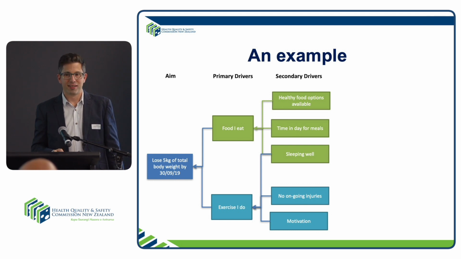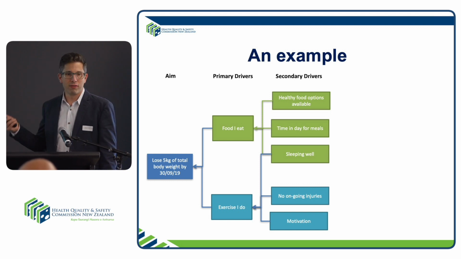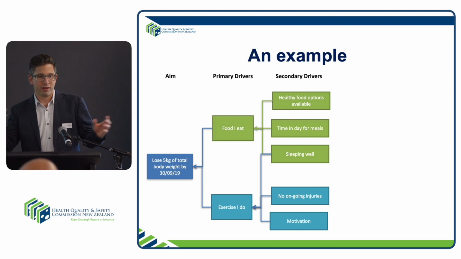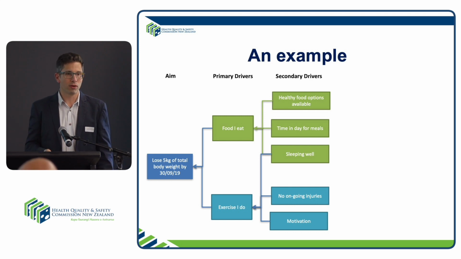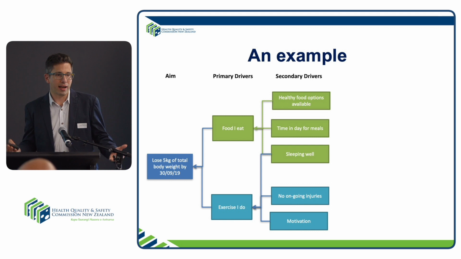So I'm going to start with an old favourite for improvement science: I want to lose weight. I want to lose 5 kilograms by the 30th of September. I think about that and ask, what are the main things that cause my current state?